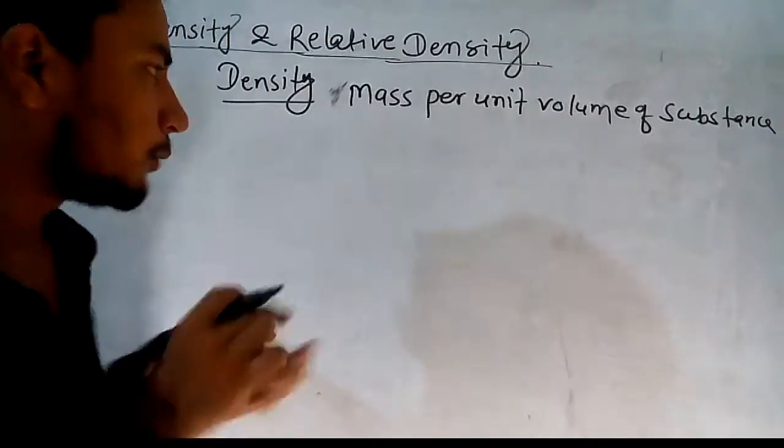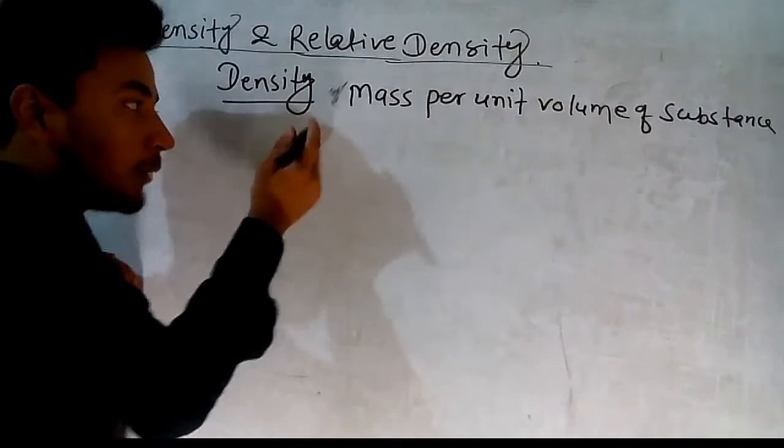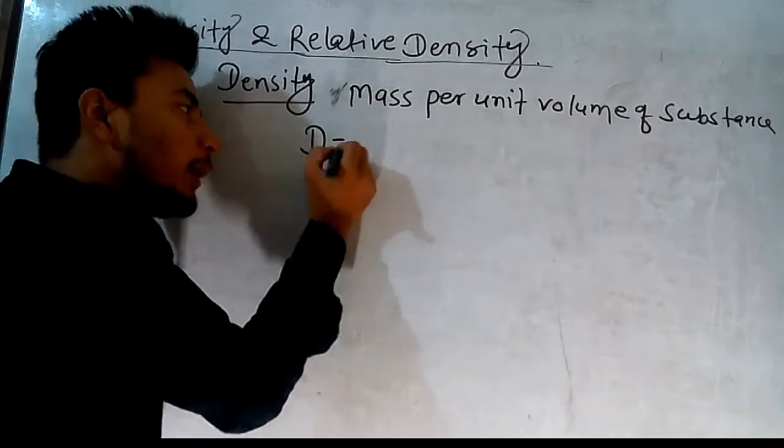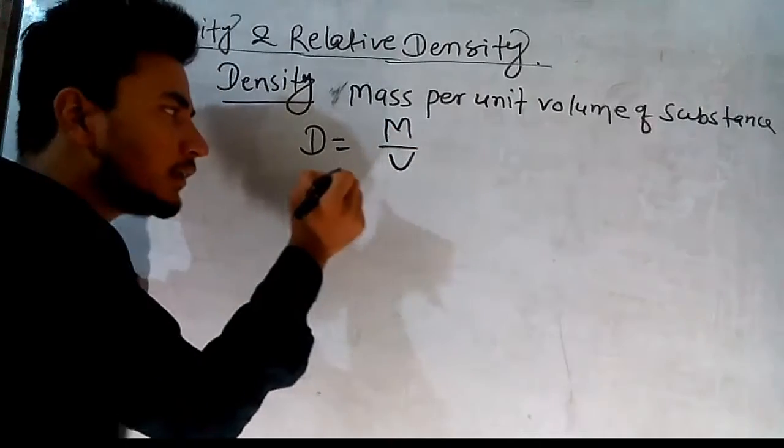Simply, mass per unit volume. So according to this definition, what is the formula of density? Density equals mass per unit volume, that is, mass by volume.